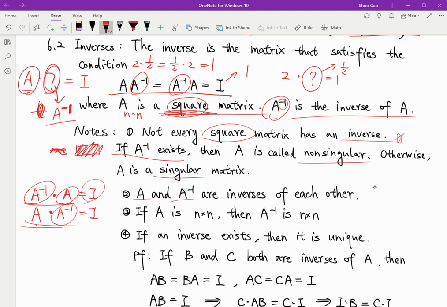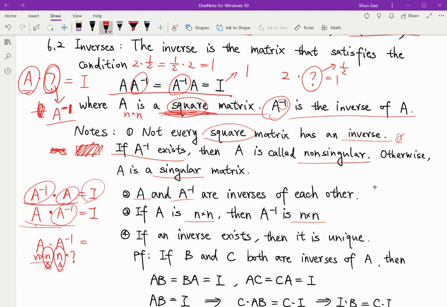And if the matrix A is n by n, then its inverse is also n by n, right? Because when you multiply these two things together, A has to be a square matrix, so let's assume its dimension is n by n. You have to make sure that the column dimension of A is the same as the row dimension of A inverse.